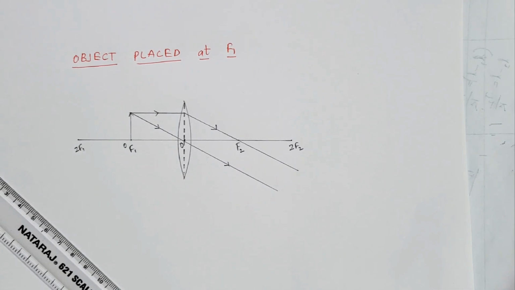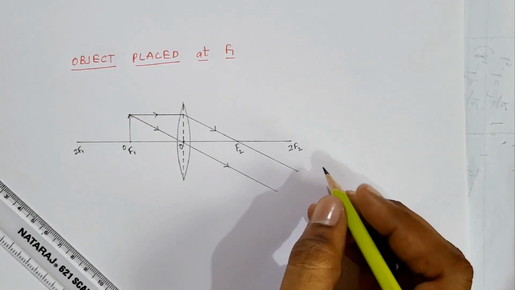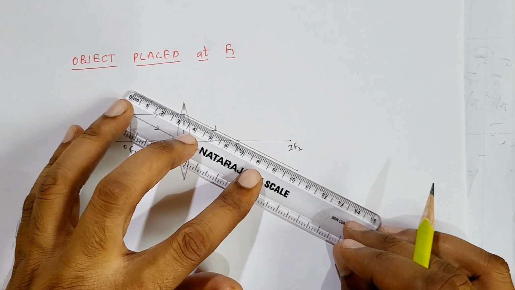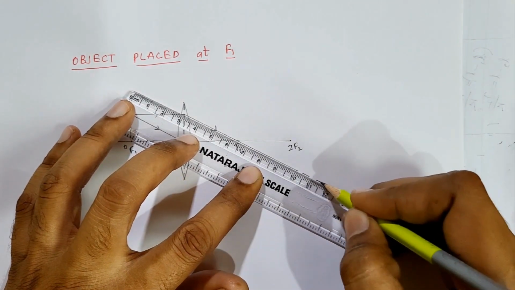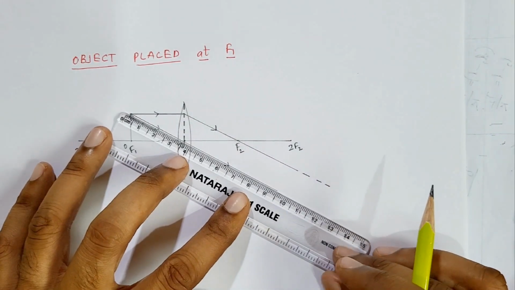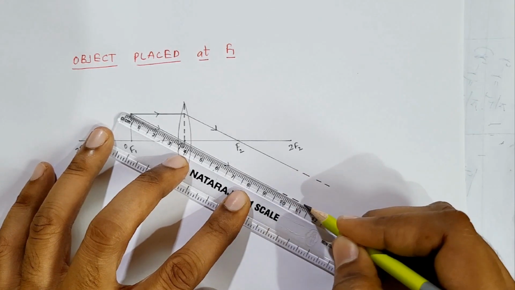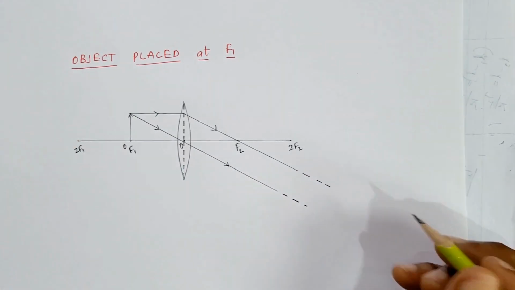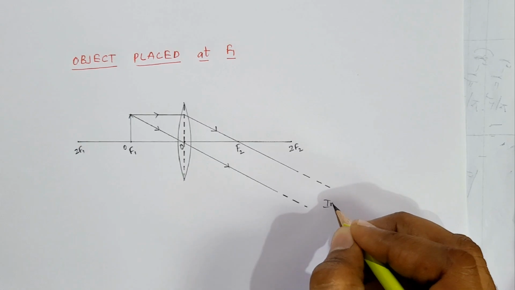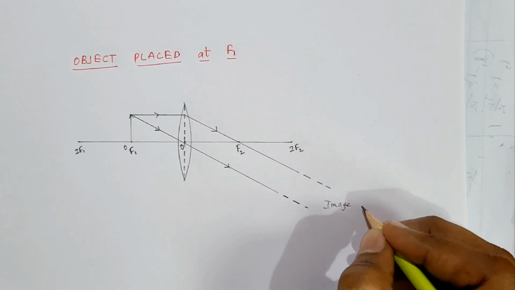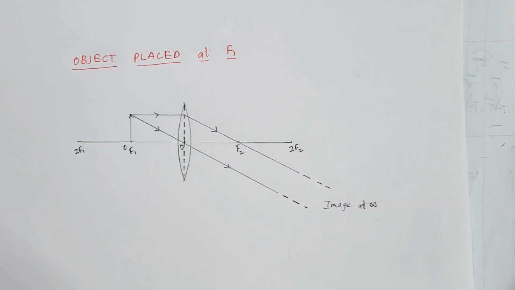When the two refracted light rays are parallel to each other, where they will meet, we imagine that they are going to meet at infinity. Correct? So they are going to meet at infinity. Where they meet, that is only the image for us. Correct? So image will be formed at infinity. Image will be formed at infinity.